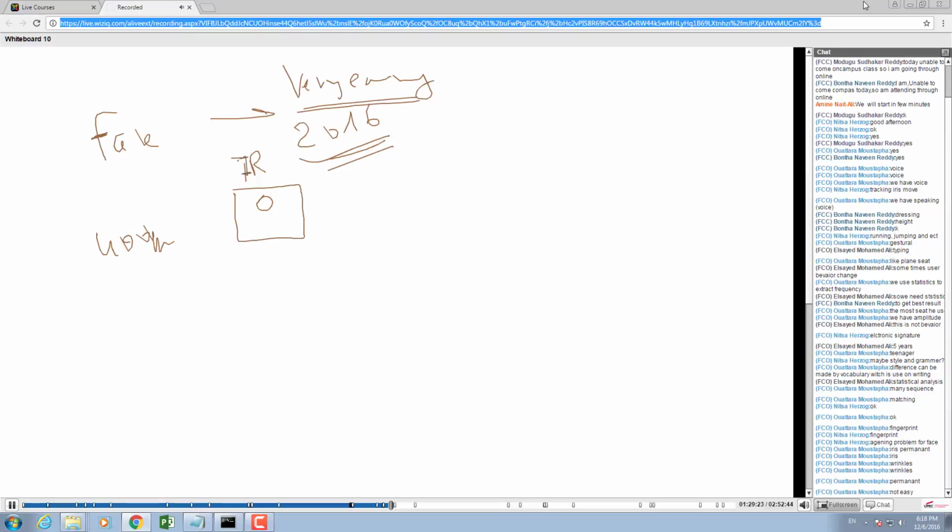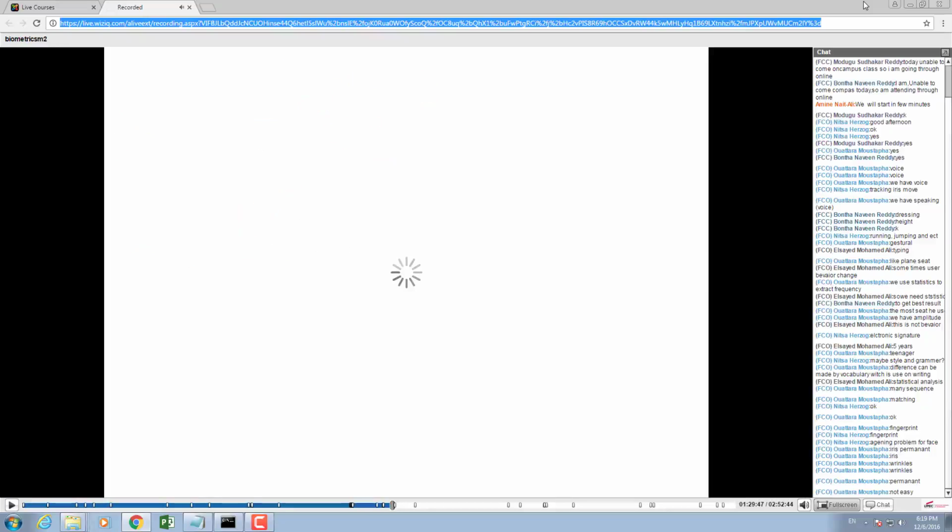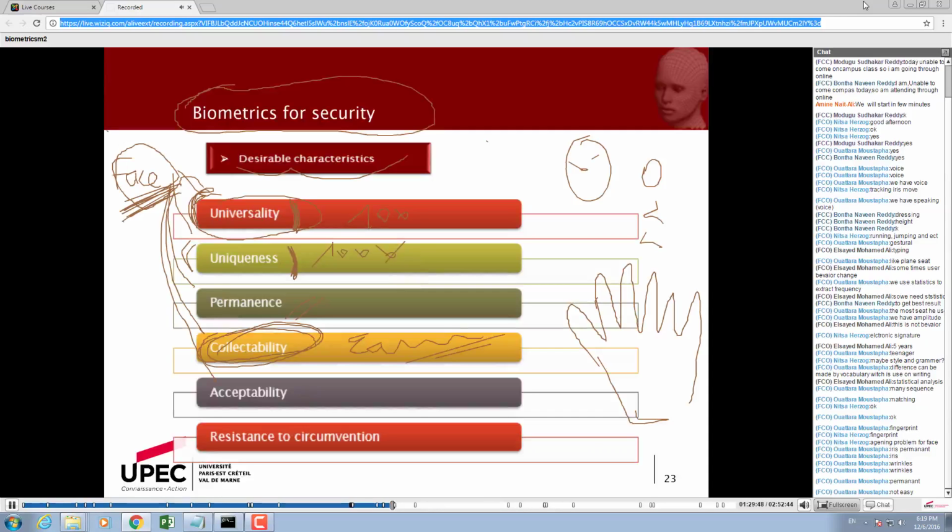At the beginning, for iris we used some special devices equipped with cameras, basically infrared cameras. But now we can even capture the iris from a given distance. From 1 meter, 2 meters, we can capture the iris, and probably in the future we will be able to capture the iris easily. Good.